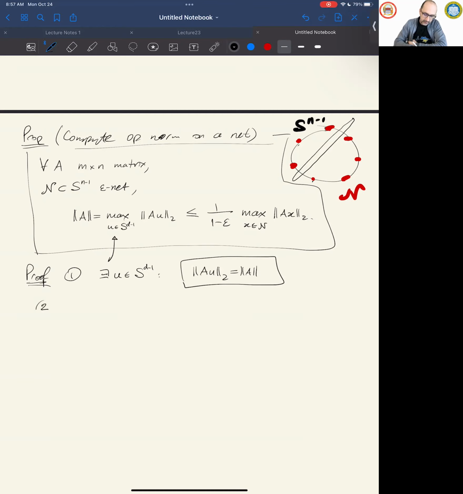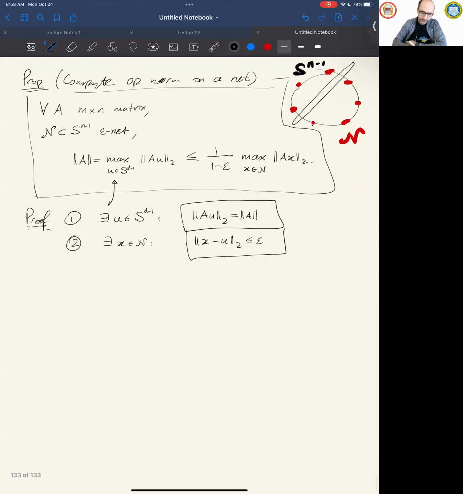Okay. Second, we approximate that U by a net. So there exists X on the net for which the norm of X minus U is less than epsilon. This is by definition of the epsilon-net. So far, so good? Okay.